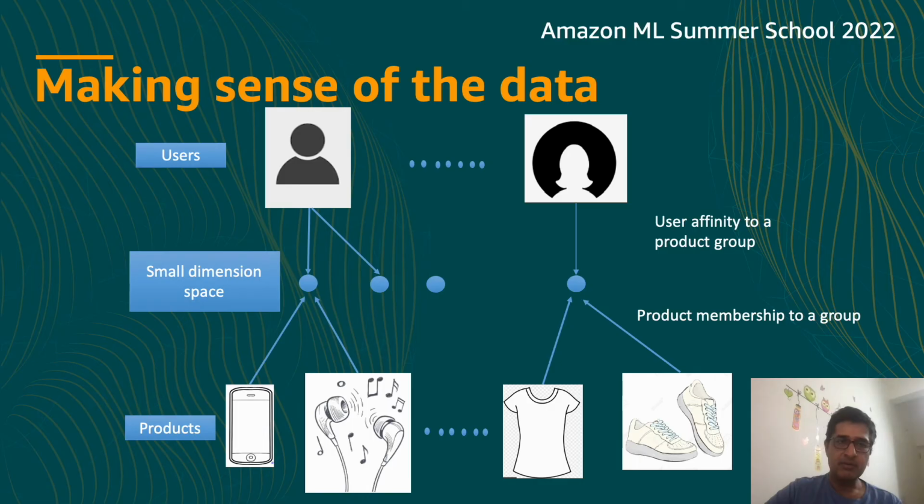So essentially what you do is you take your users and map them onto a smaller dimensional space. You take your products similarly and map them onto another smaller dimensional space. Now the users and products interact with each other on this smaller dimensional space.